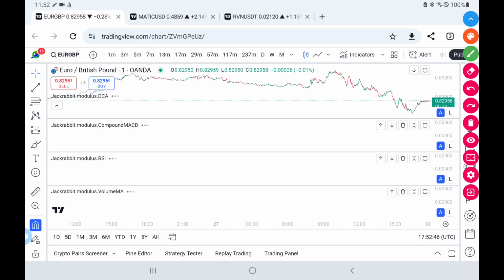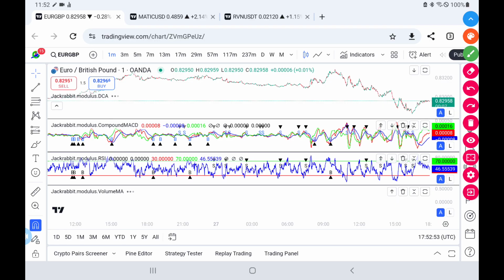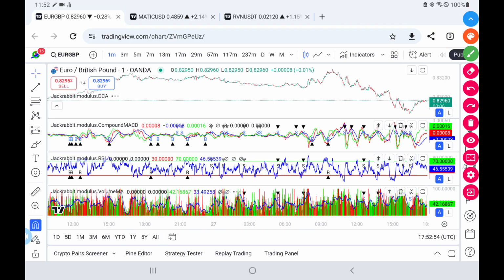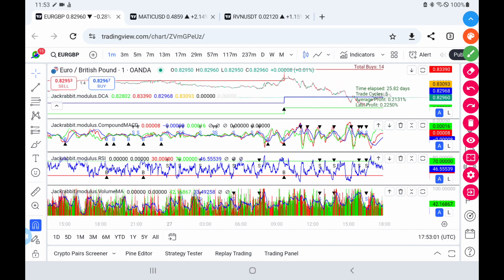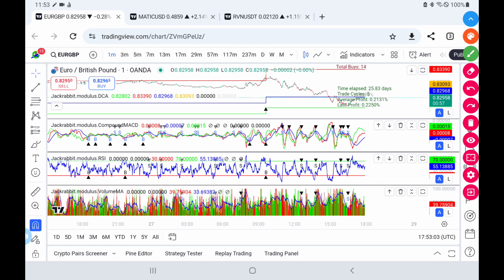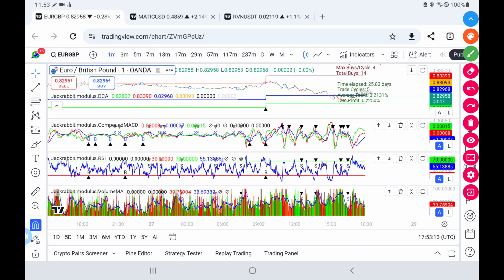It's for a market that typically is traditionally difficult in a lot of respects, but it brings it under control quite appreciatively. And it uses the RSI MACD combination with volume. And you can see that the total number of trades and the maximum buys are incredibly controlled.